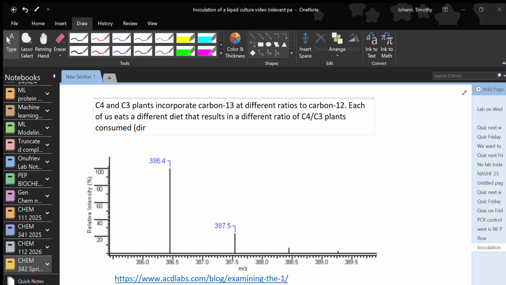And that's either directly or indirectly. So if the animals you eat ate plants, it goes back to plants. What's the difference that they do in their bodies? There's not really a difference that I know of. But you can detect these ratios. So these ratios show up in your hormones.